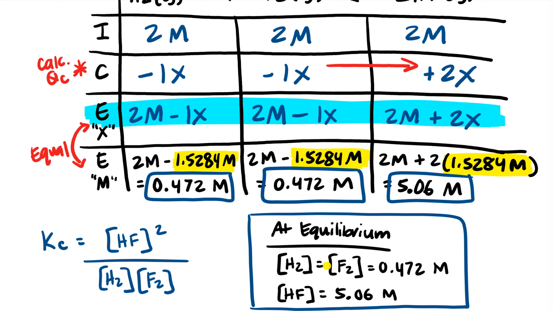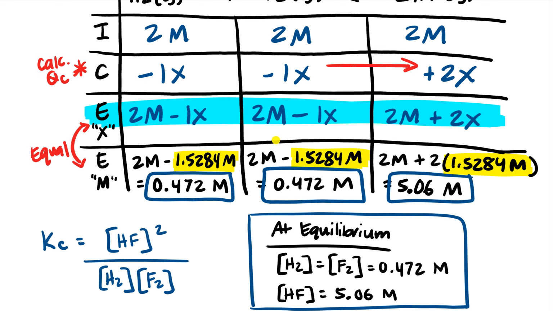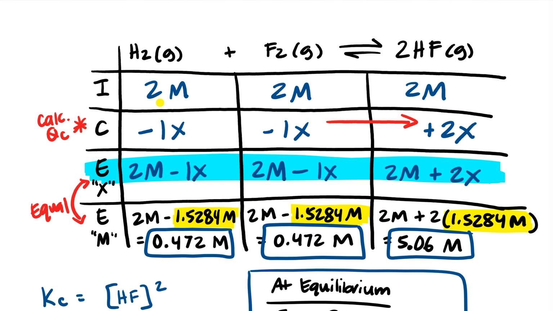Now, some things to note conceptually here is that the concentrations of hydrogen and fluorine at equilibrium are equal to one another, and that's because, looking at your ICE chart, they both start with the same molarity, and they both have the same coefficient, so they're going to be consumed in the same ratio. That's just something very conceptual to note, that these two have the same initial conditions. They both have the same coefficient, so they're both going to have the same equilibrium values.